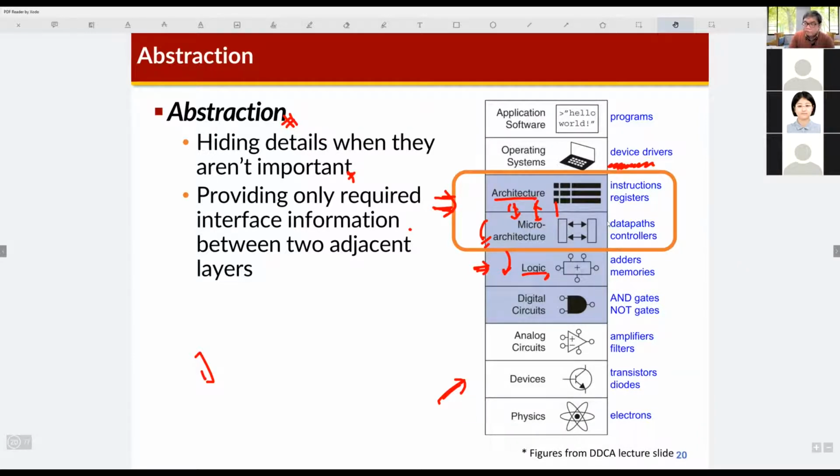Then for the computer engineer, this abstraction is very important. Also, for a normal engineer, this abstraction is important.